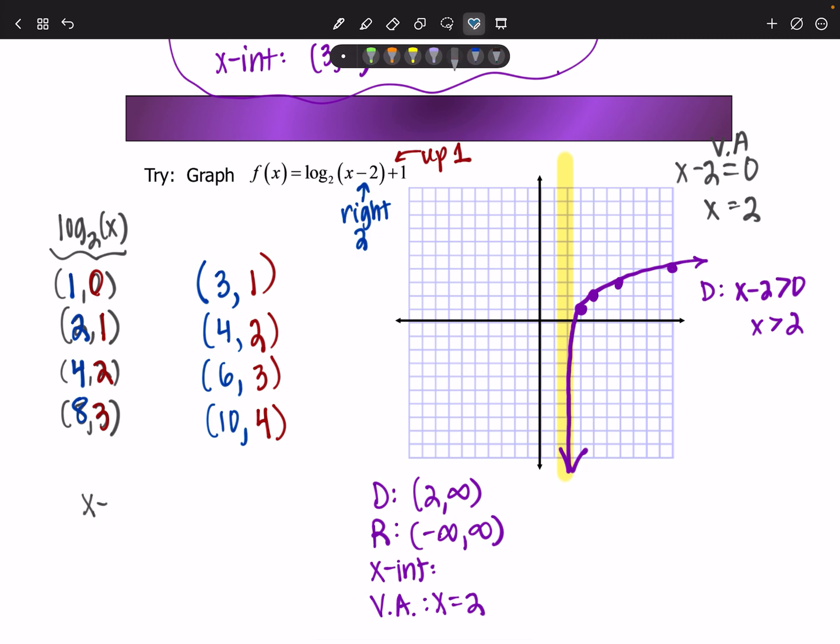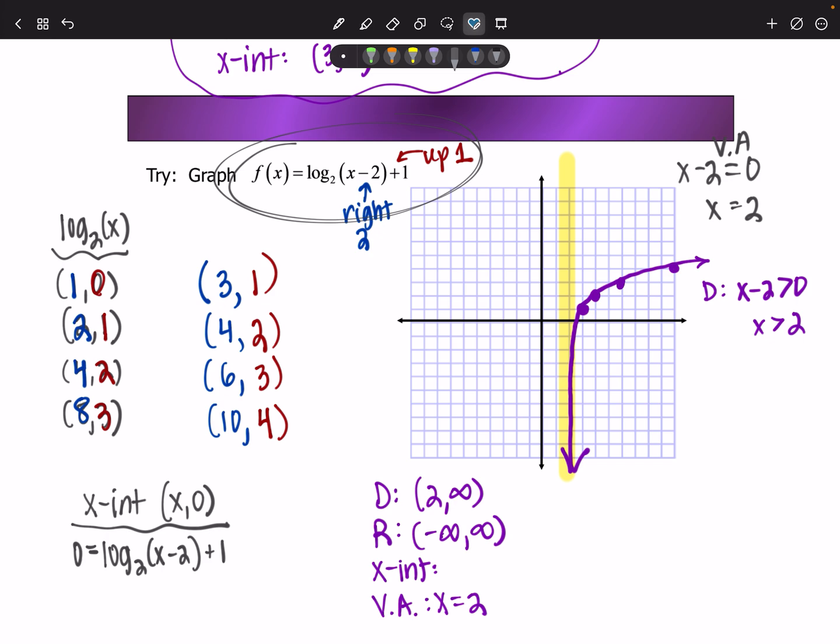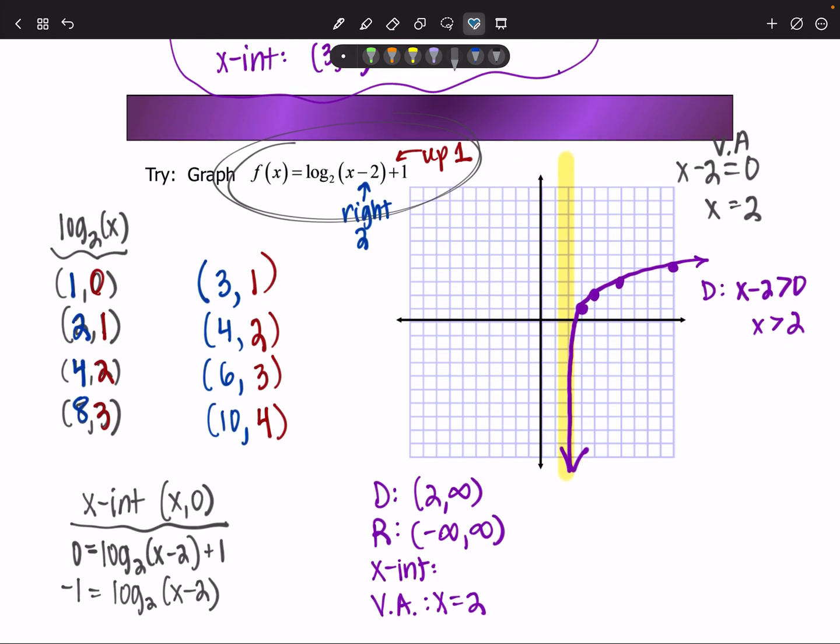The x-intercept is the value of x when y is 0. So I'm going to go to the original problem, this original problem right here. Put a 0 in for y. Now that we've solved equations, we can do this. I'm going to subtract 1. Now I'm going to write this in exponential form.